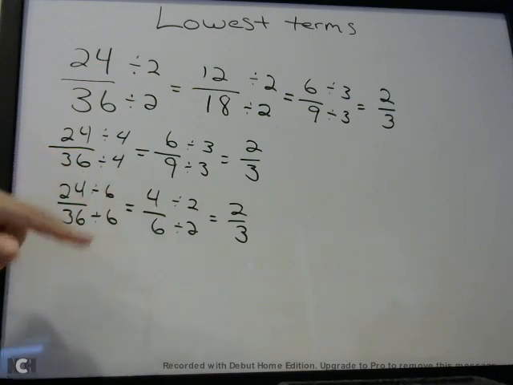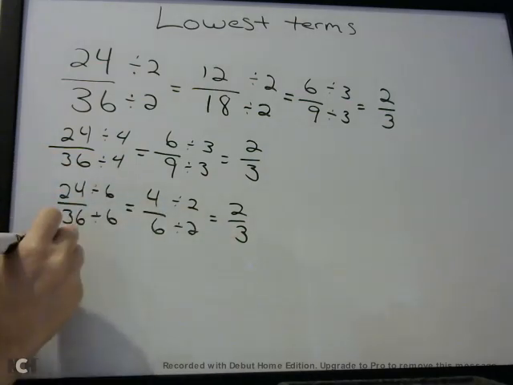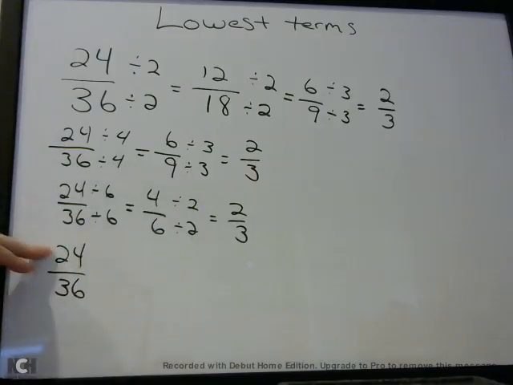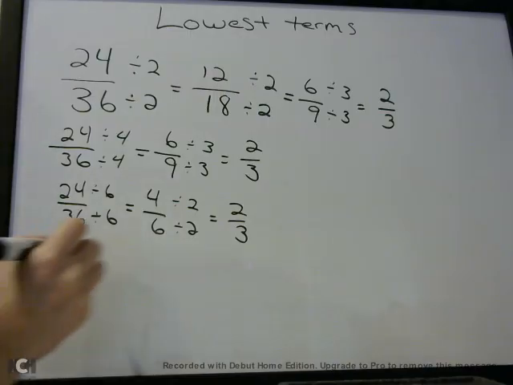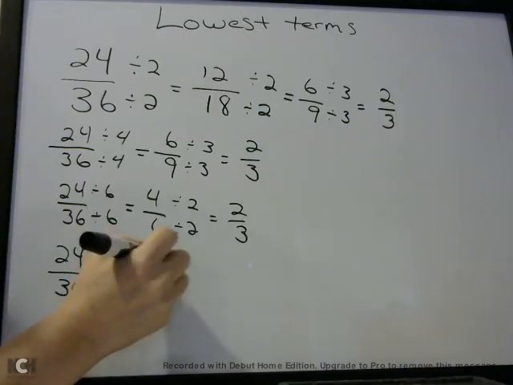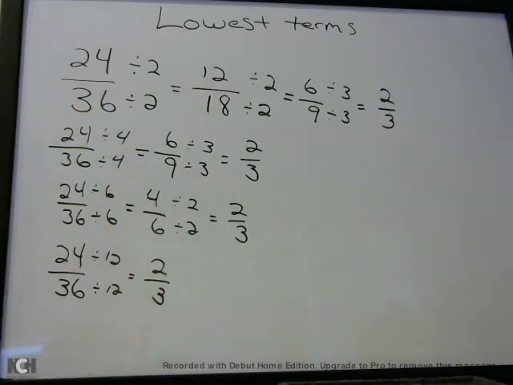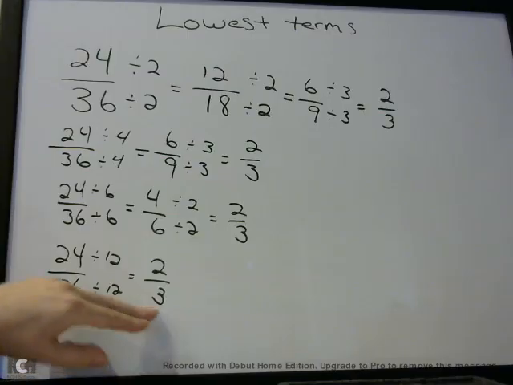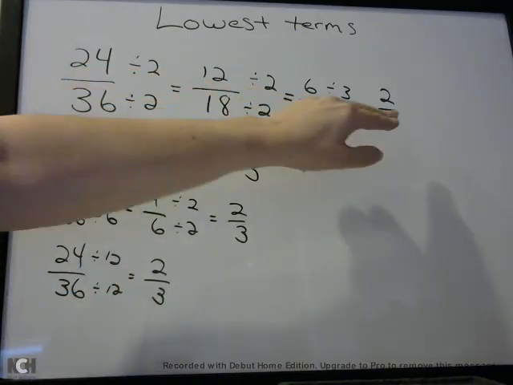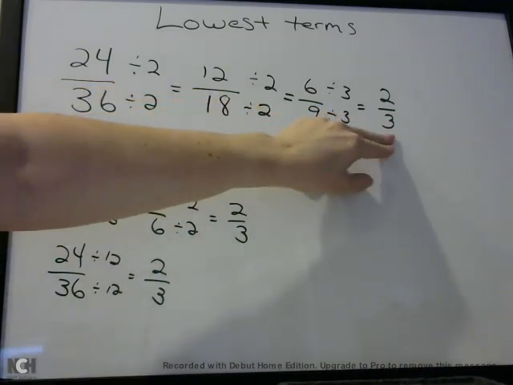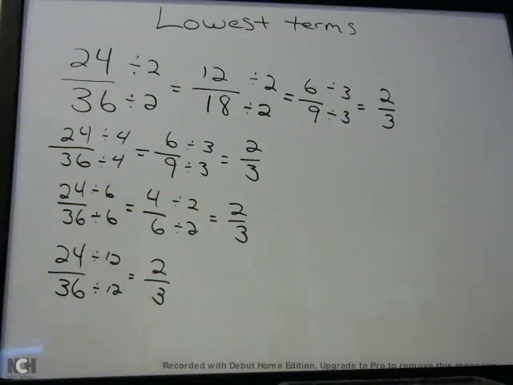Whatever occurs to you first, just keep going until you get to lowest terms. Now, the fastest way would be if you look at these two numbers and say, both of those can be divided by 12. 24 divided by 12 is 2, and 36 divided by 12 is 3. So if we recognize a higher number, we get there quicker. But it really doesn't matter. However you get there, you just need to get there. Keep working until you get to the fraction that is in lowest terms.